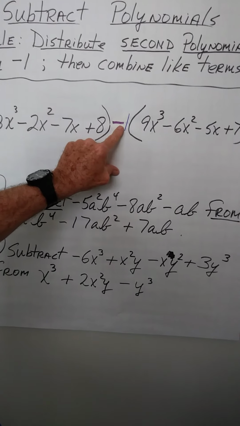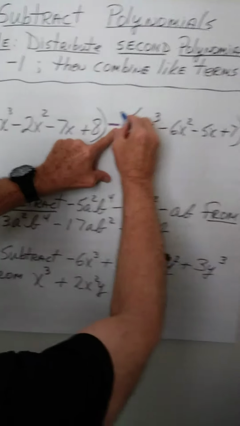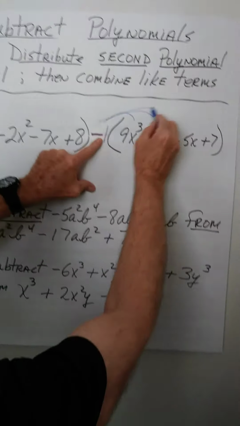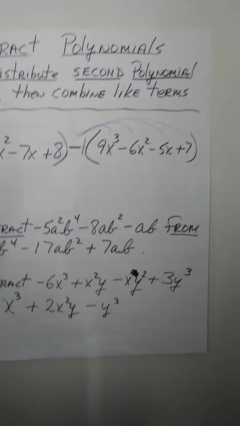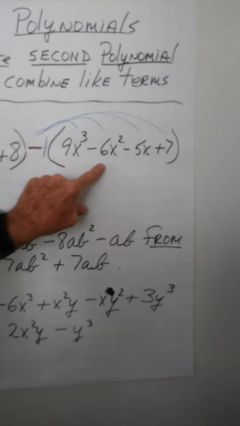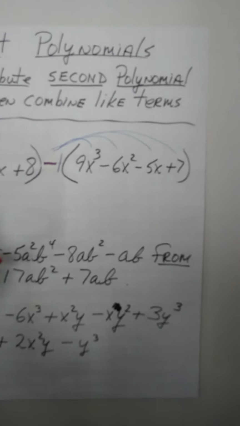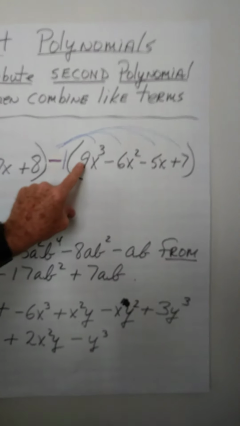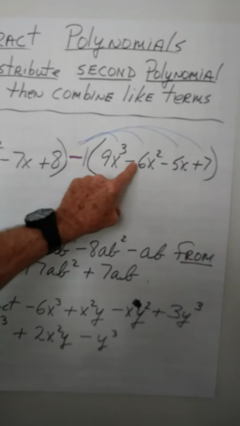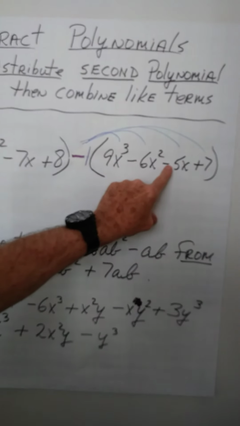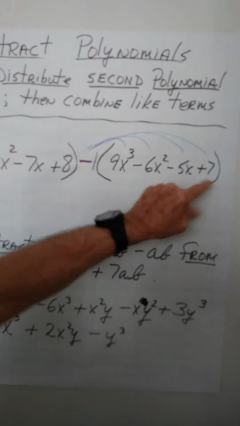Our distributor is negative 1. When we distribute to each and every one of those 4 terms in the second polynomial, the result is going to be the same as if we use the rule of subtraction. He'll become a negative, he'll become a positive, he'll become a positive, and he'll become a negative.